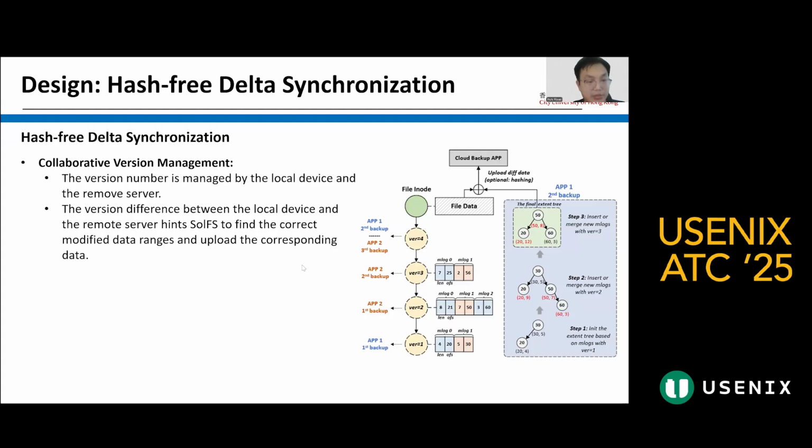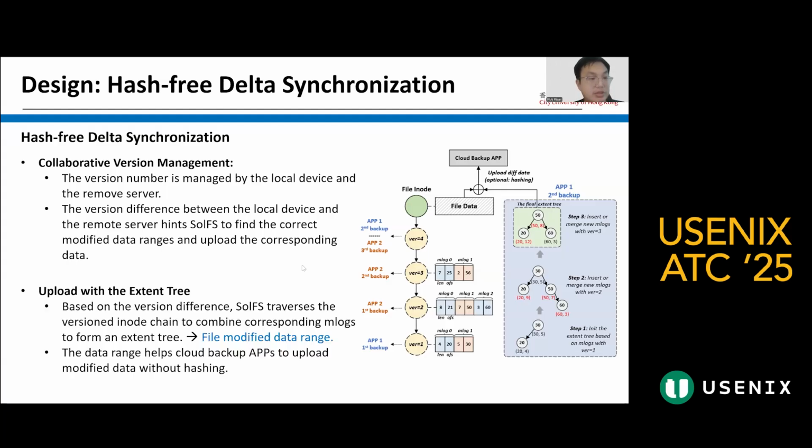If the version number of the local device is different from the cloud server, we can obtain their version difference, so we have a smaller version number and a higher version number, and then we can check the M.logs stored in the version ILOs between these two version numbers, and combine them into an integrated file extension tree, just like this one.